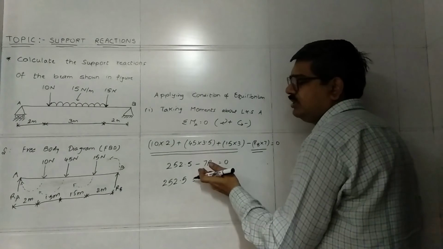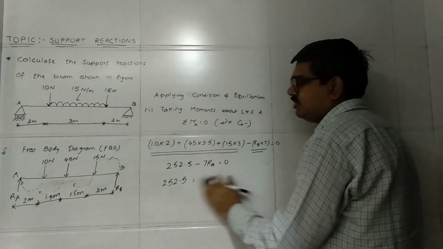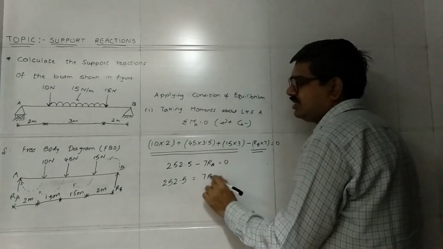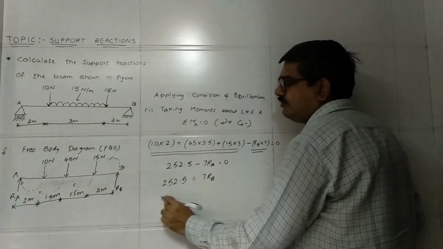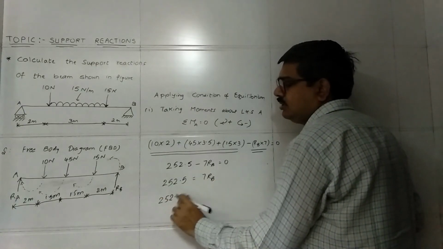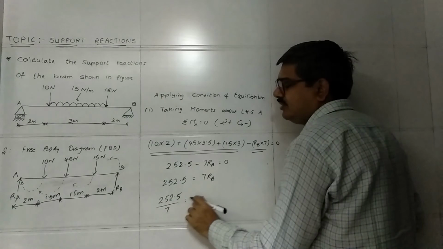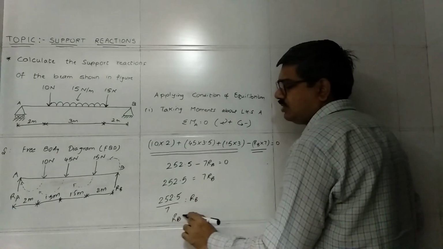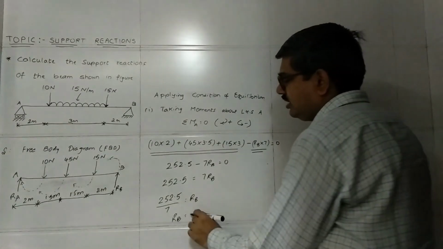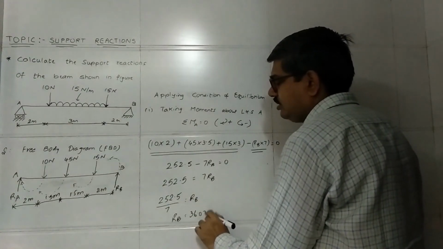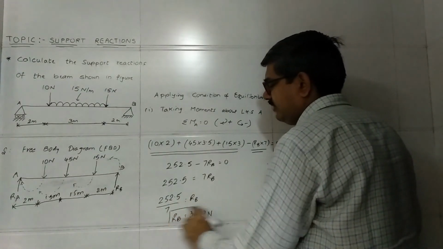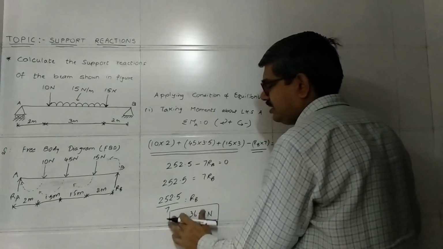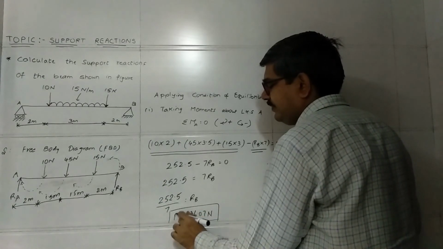Bring this minus 7 RB to the right side, so it will become plus 7 RB, and divide, and you will get the value of RB. So RB is equal to 36.07 newtons. The value of RB is 36.07 newtons.